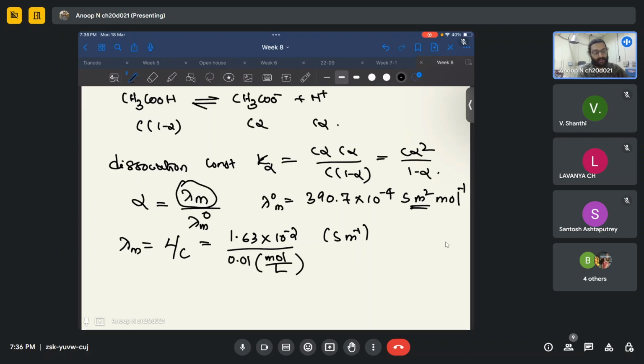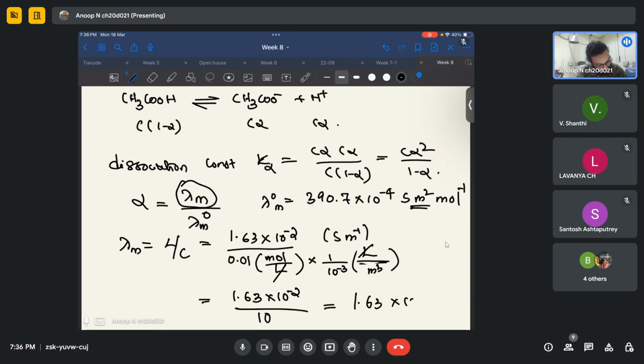So how can I convert it into meter unit? It's into 1 by 10 raised to minus 3, I'm converting liter into meter cube. So liter cancels out. So you can write 1.63 into 10 raised to minus 2 divided by 10, which is nothing but 1.63 into 10 raised to minus 3 Siemens meter squares per mole.